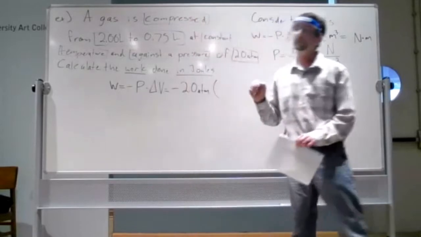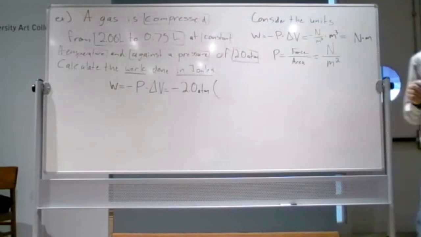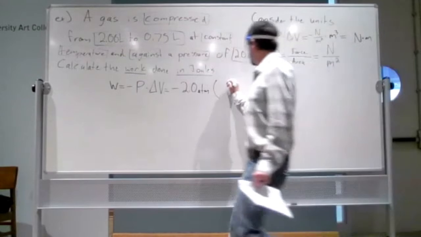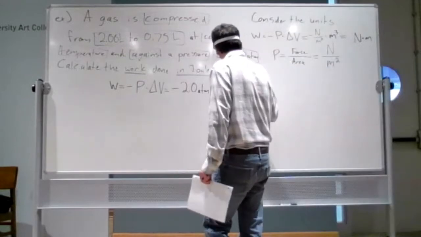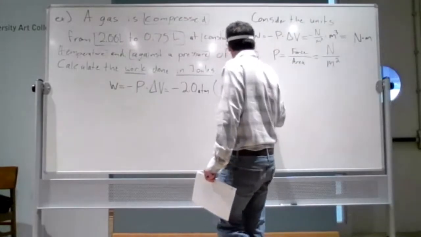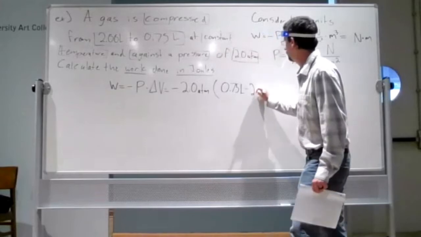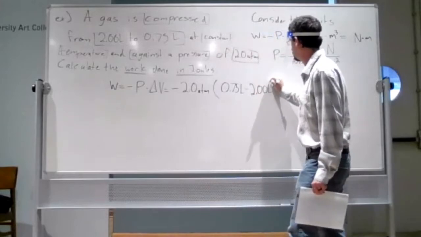Okay, delta V. It's always what minus what? Final minus initial. What is my final volume in this case? Yep, 0.75 liters minus our initial volume, which was 2.00 liters.